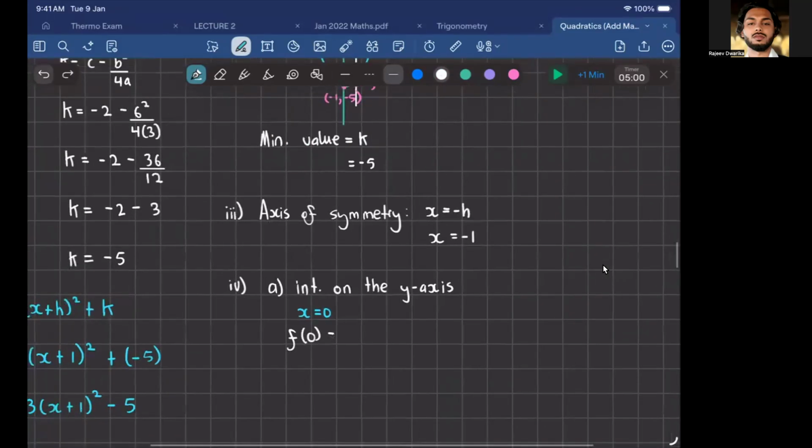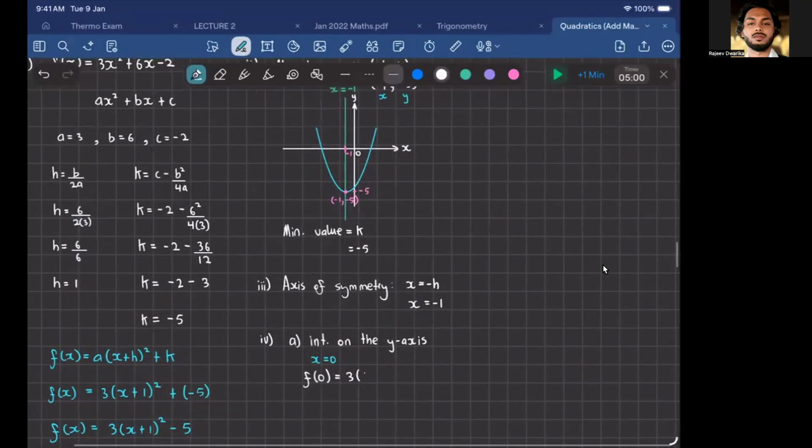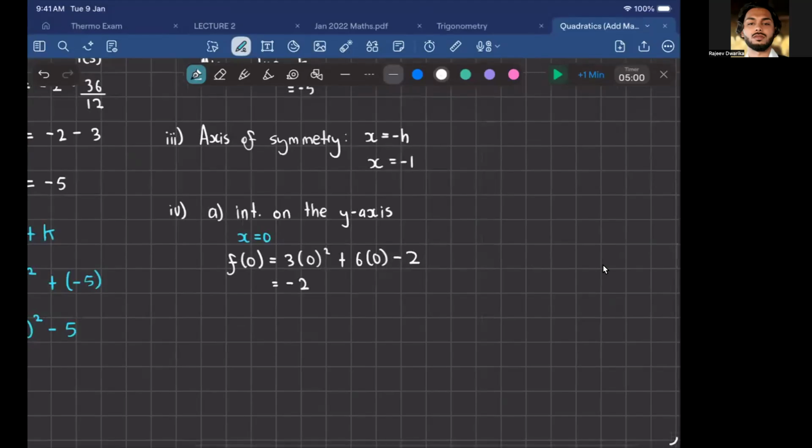So f of x was equal to 3x squared, etc. Anywhere you see x, you're going to replace it with 0. So we're going to write 3 by 0 squared plus 6 by 0 minus 2. And Serena, what's that going to work out to be? -2. Right, -2.